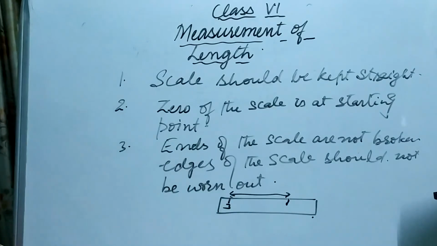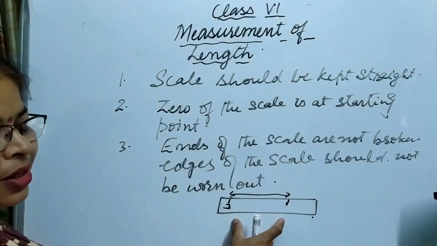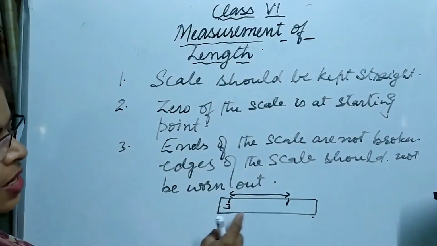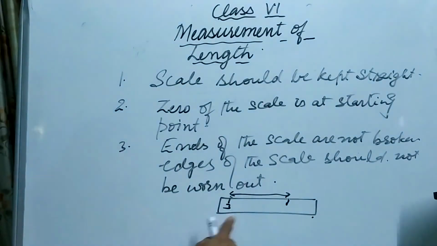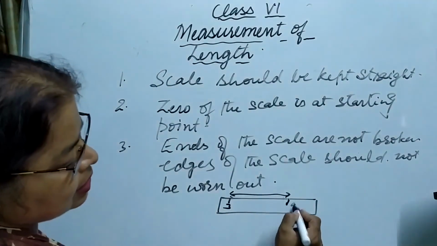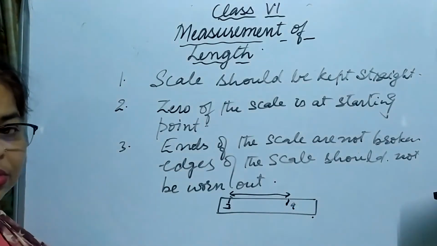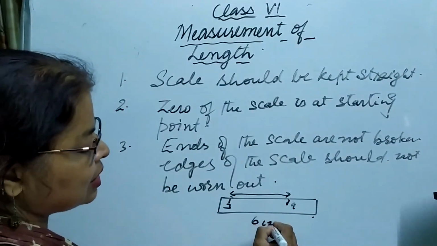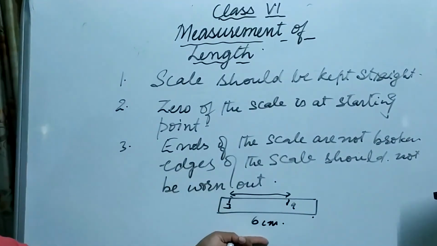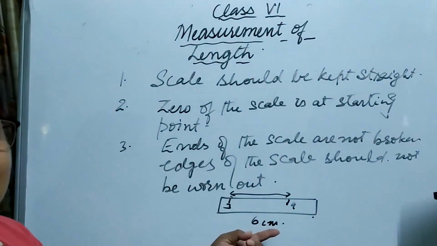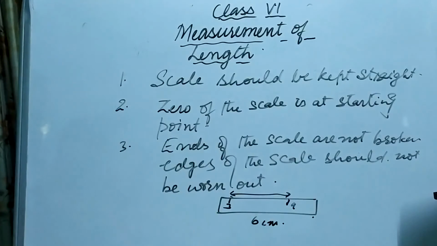So what should you do? Take the total length. Okay. What is the initial reading? If it is 3 centimeters and the final reading is 9 centimeters, then what are you going to do? You have to subtract 3 from 9. So it means it is 6 centimeters in length. Okay. So you are going to get the length of the object as 6 centimeters. So this is the right way to measure the length.